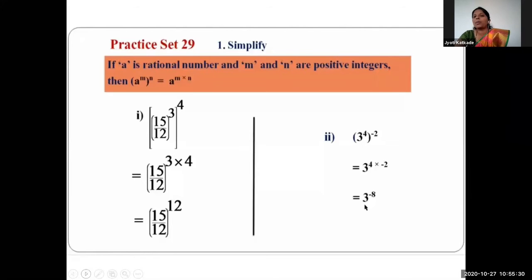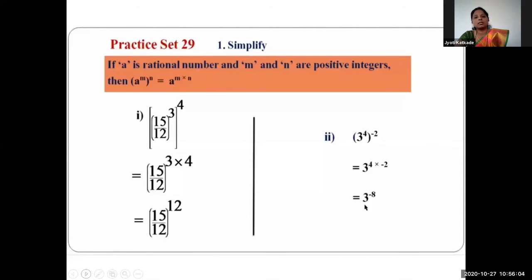And if two powers are given, it means power of power. When 4 is the index, then the base is 3. When minus 2 is the index, then the base is 3 raised to 4. Okay? So take multiplication of both powers. 4 into minus 2. Okay? So our answer is 4 2s are 8. But the minus sign is there on 2. So we get 3 raised to minus 8. Do you understand now?